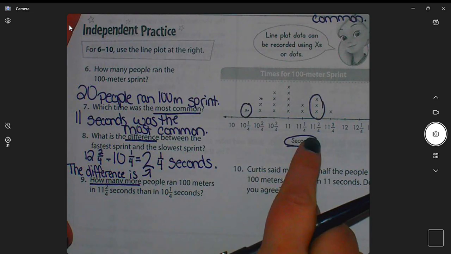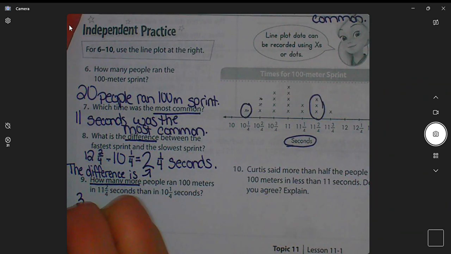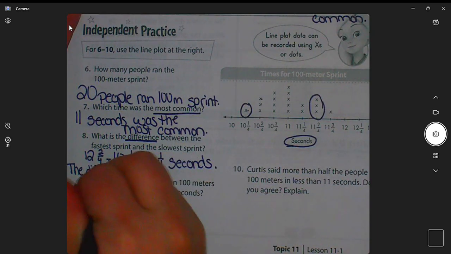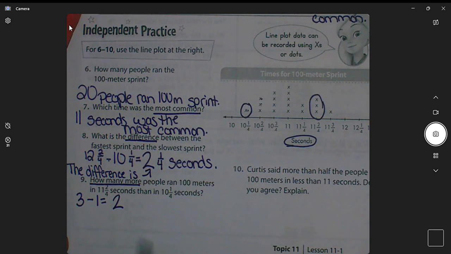How many were above 11 2/4? Yeah, it's 3. How many were above 10 1/4? Yes. So you can say 2 more people ran 100 meters in 11 2/4 seconds.